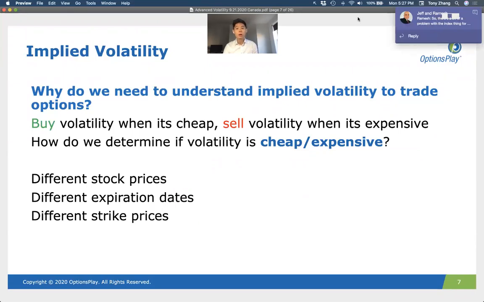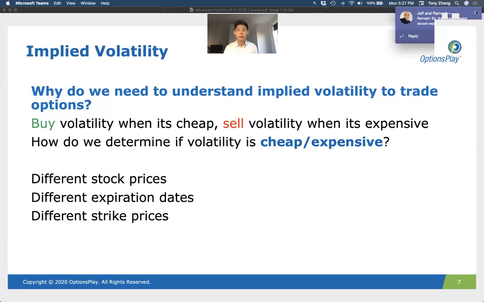So you don't necessarily want to compare IVs from one stock to the next, unless you're comparing IV rank. That is something that you can compare one stock to the other. If you want to compare IVs, you want to compare against its own history. You don't want to compare it against similar stocks unless you know that two stocks have very similar implied volatilities.